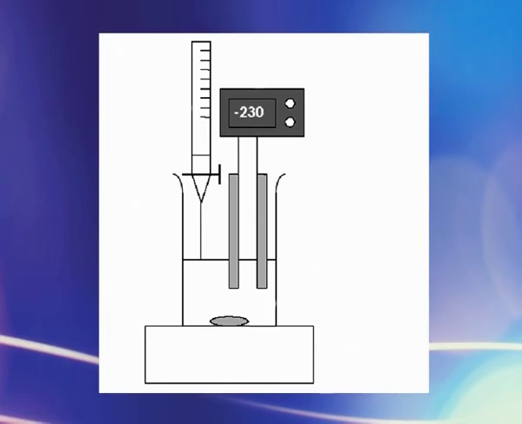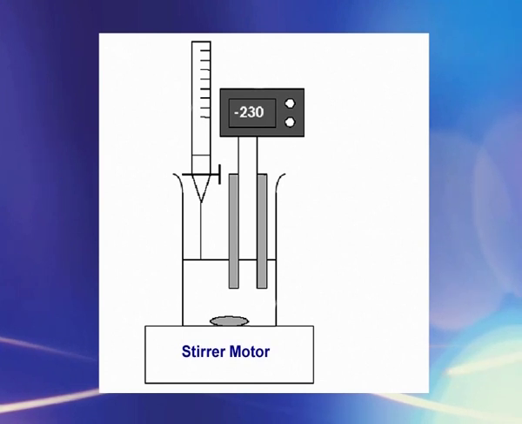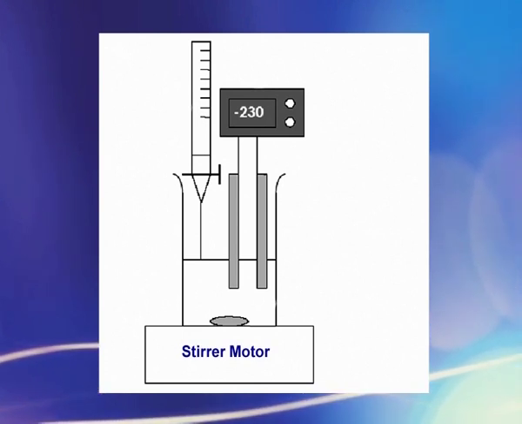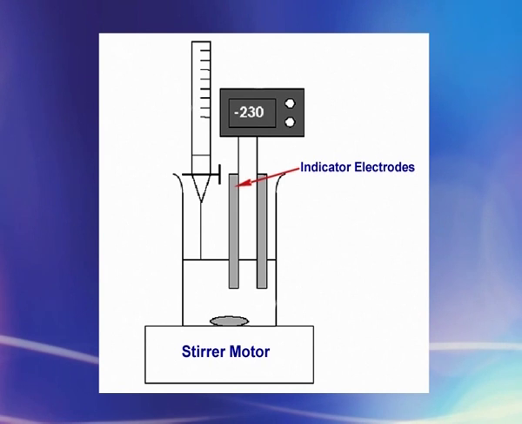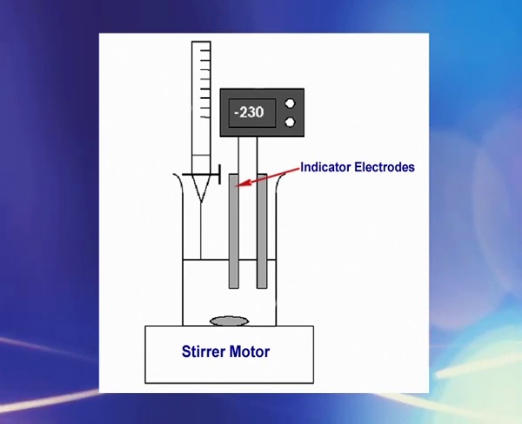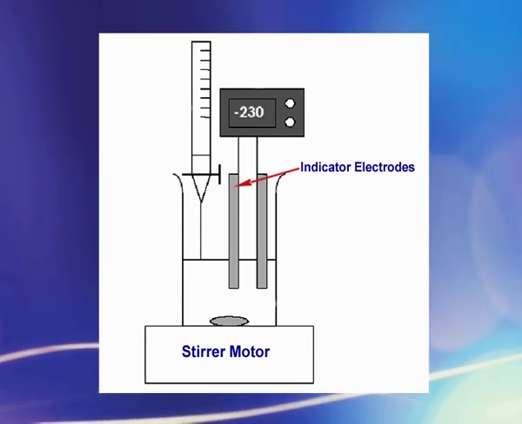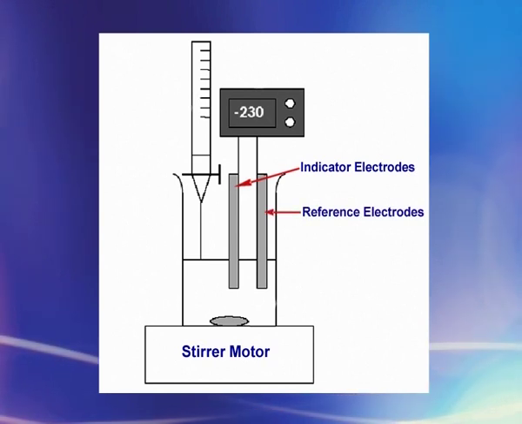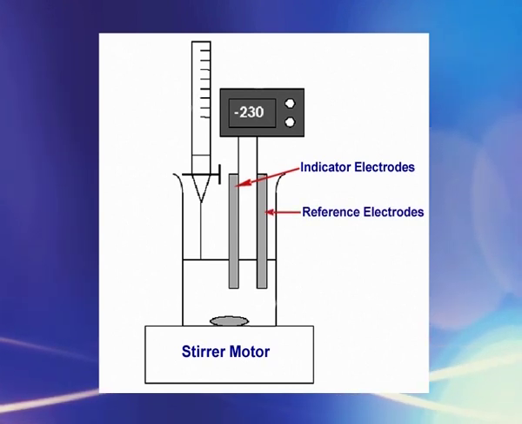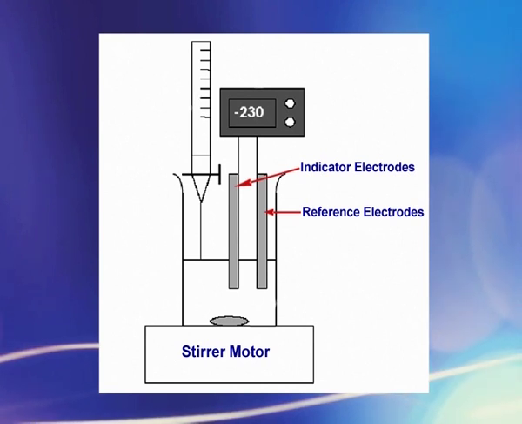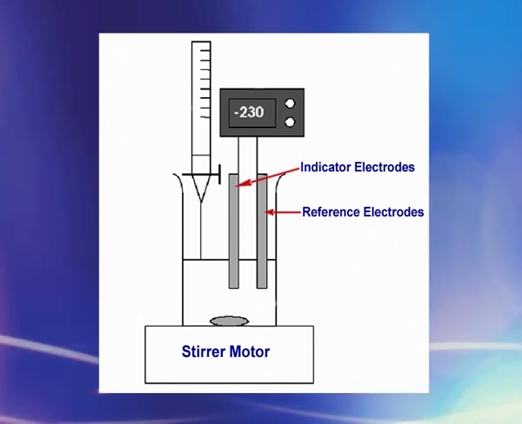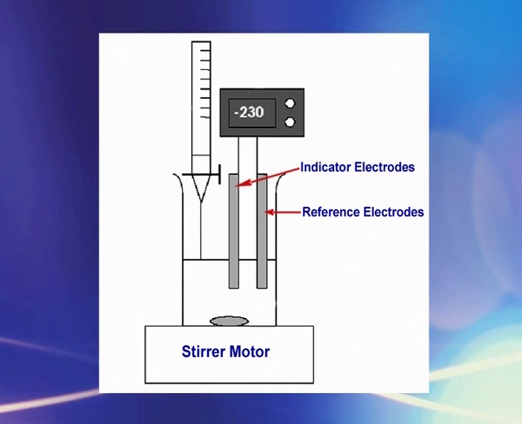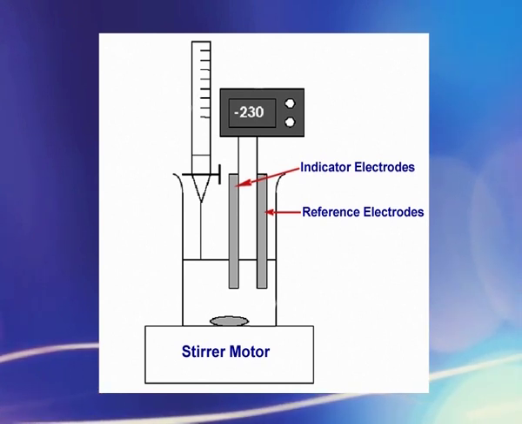Equipment. The basic apparatus required for all potentiometric titrations is the same and is shown in figure 4. The common parts of potentiometric titration include: first, the indicator electrode, used to respond to changes in the species of interest. Second, the reference electrode, which produces an unchanging voltage regardless of solution changes. The most commonly used reference electrode is the calomel electrode.